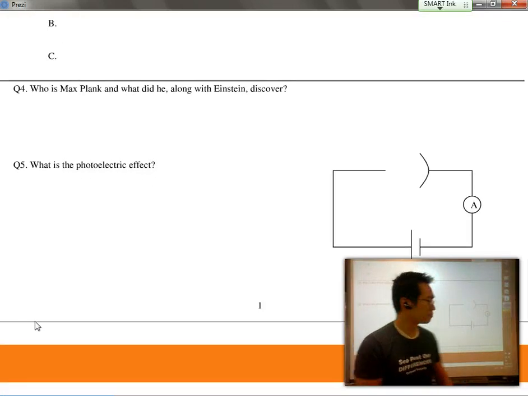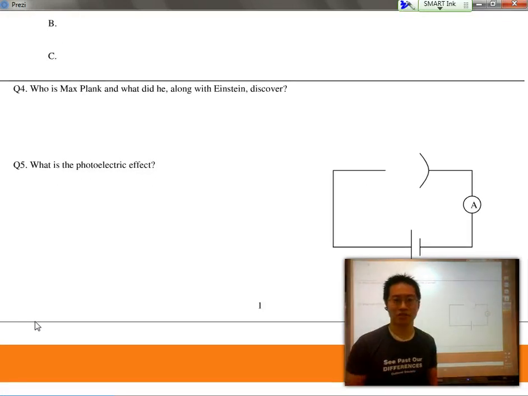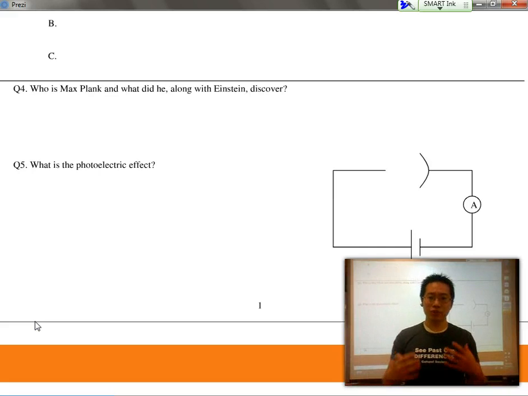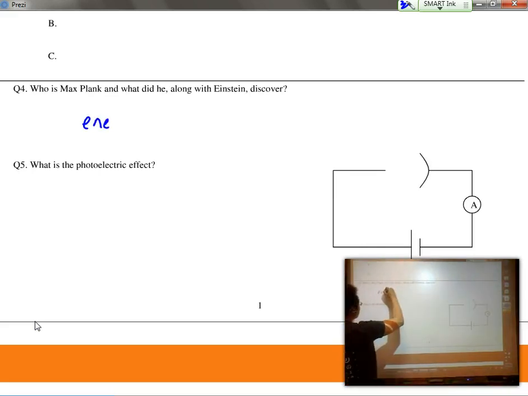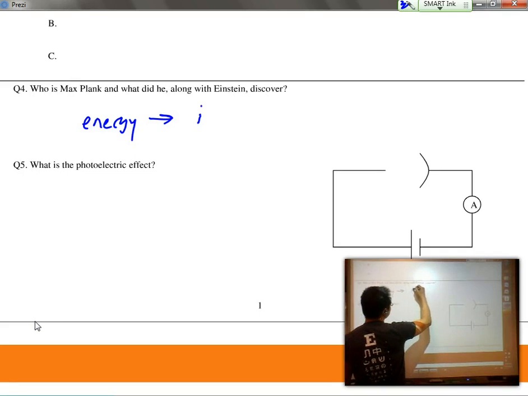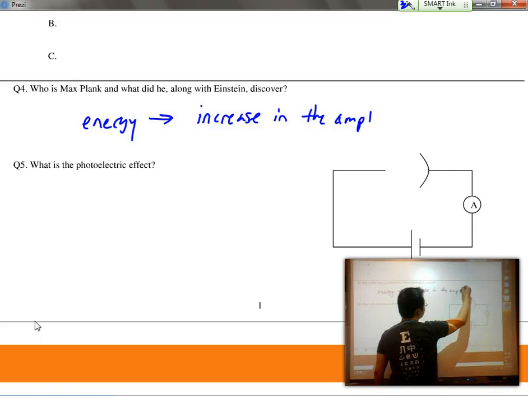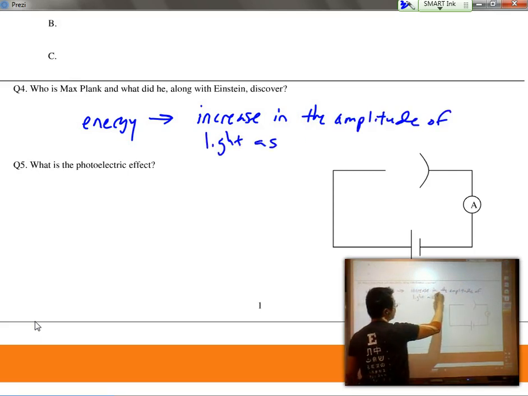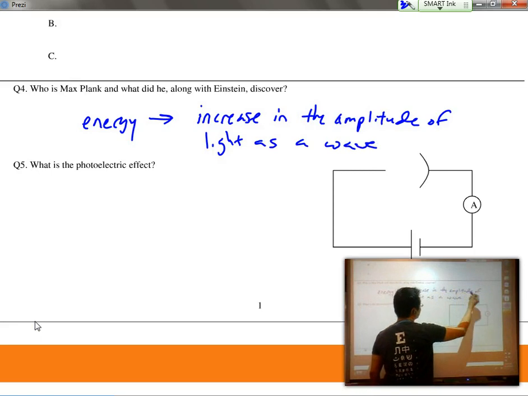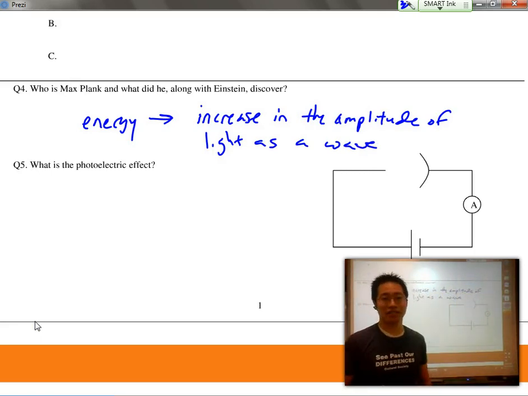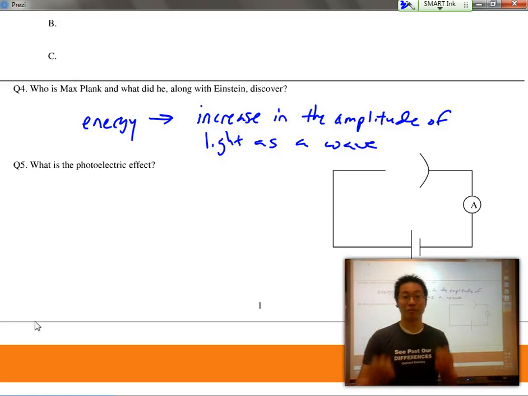the frequency changes. Now, this didn't quite make sense, because if something was being heated up, he had assumed that with the increase in energy, there would be a corresponding increase in the amplitude of light as a wave, meaning that it would become brighter and brighter and brighter.